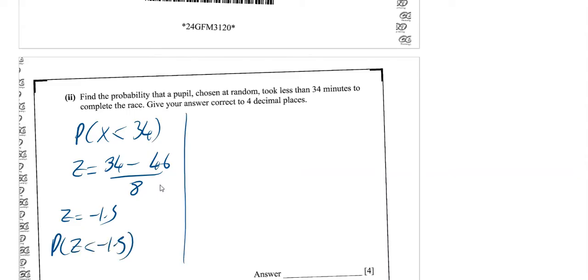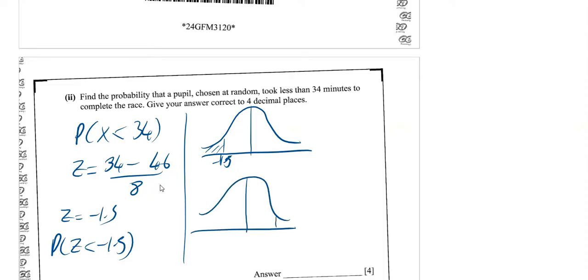Right, I like to draw a wee diagram for these ones. I find it a wee bit confusing without a diagram. So there's my bell-shaped curve, and minus 1.5 would be over here, and it's that shaded area we're looking for. That is the same as flipping it round, and it's the same as this shaded area when you've got 1.5 here. So this shaded area is equal to 1 minus the probability that z is less than 1.5.